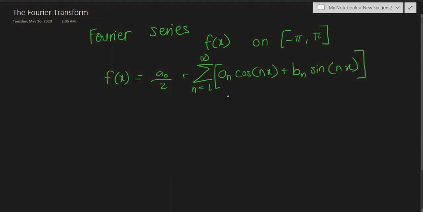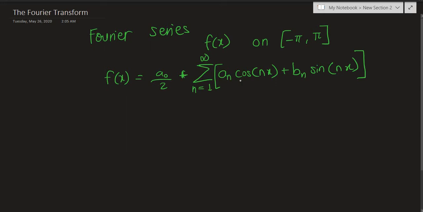So what this mathematical statement is saying is that if you have a function of x on some defined interval, you can express that as an infinite series of sines and cosines with varying coefficients. A_n and B_n are subject to changes in n.